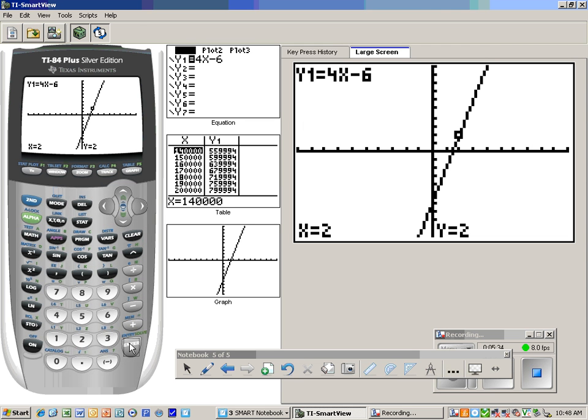Sometimes when you graph, the function doesn't appear on the graph screen. It's a good idea to start with the standard window, then adjust it from there. So let's graph a new function.